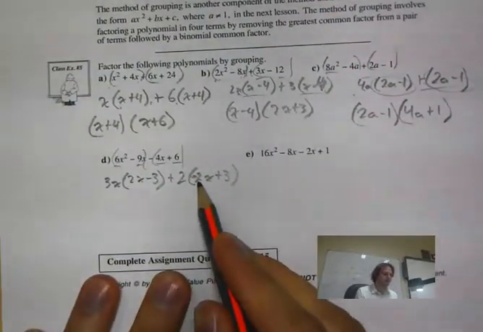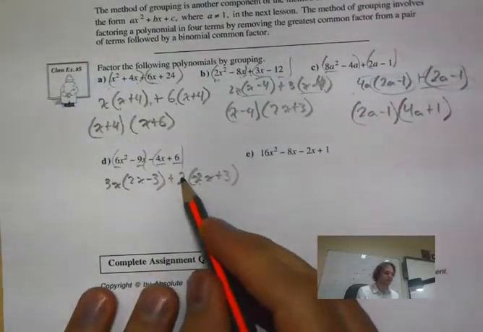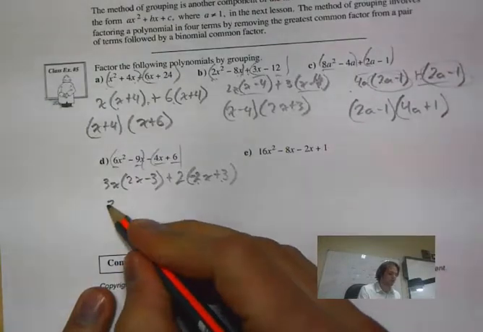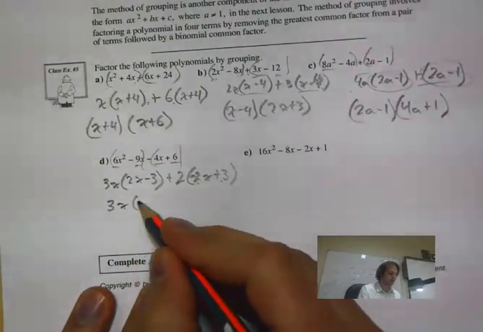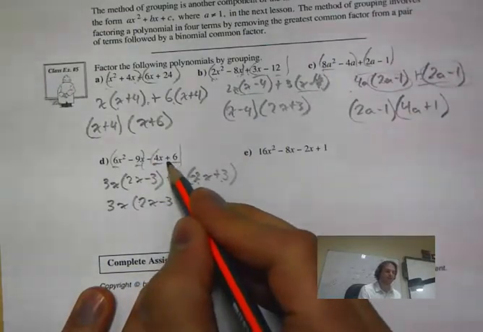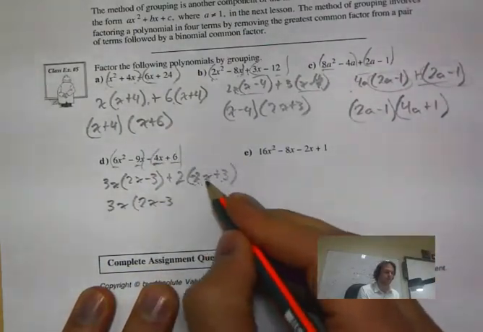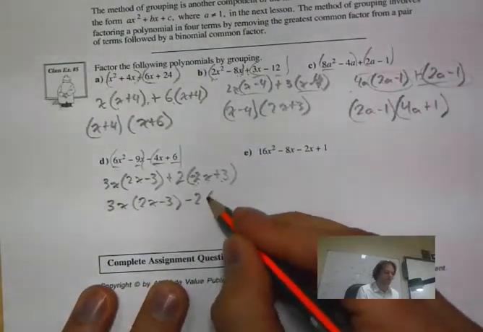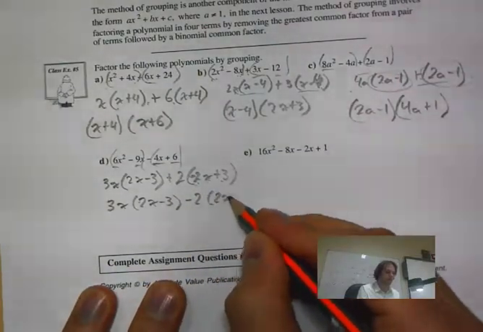So maybe I should take out a negative 2x. If I take out a negative 2, this would be negative as well. So it's going to be 3x, 2x minus 3. Because here, if I take out negative 2x, this thing changes both signs. So we want that coefficient to be positive. So it's going to be minus 2. And here we're going to have 2x minus 3.